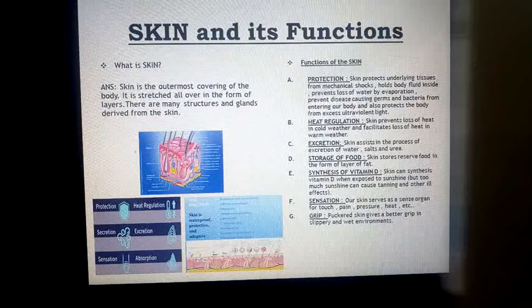What is skin? Good. Skin is the outermost covering of the body. It is stretched all over in the form of layers. There are many structures and glands derived from the skin, and it also helps in synthesis of vitamin D. The skin can synthesize vitamin D when exposed to sunshine.